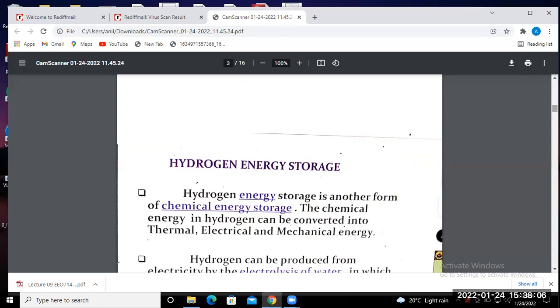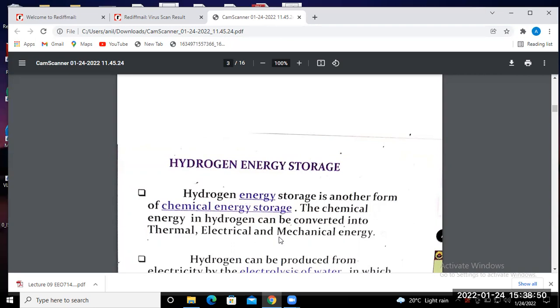The chemical energy in hydrogen can be converted into thermal, electrical or mechanical energy. Whatever energy is stored in the chemical form of hydrogen, we are able to use in the form of thermal heat, or electrical form, or mechanical energy. So the chemical energy of hydrogen can be transferred into various types of energy.